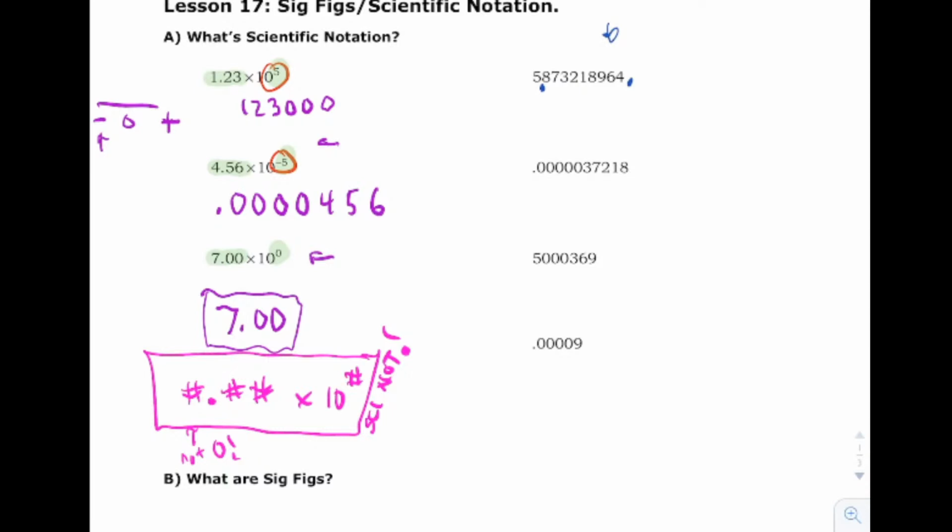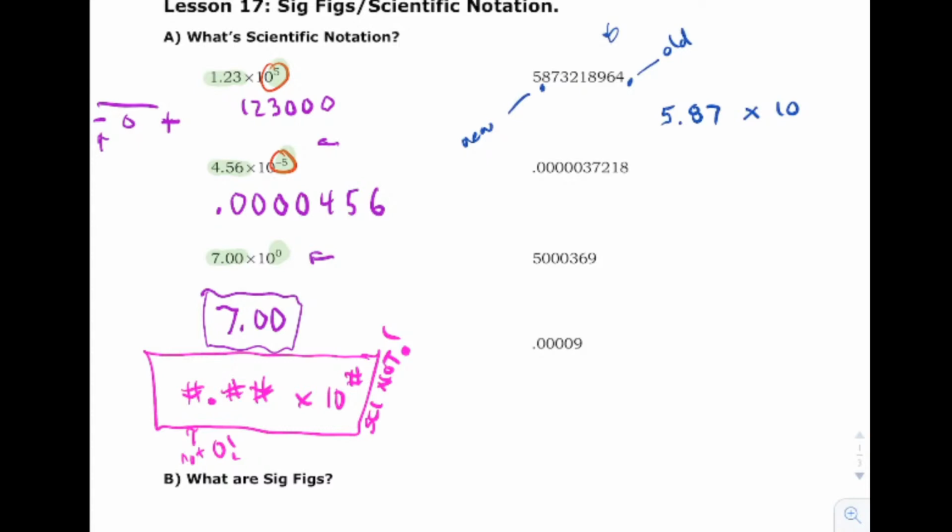Okay, that's where we want it. So that's the old decimal. This will be the new decimal. Obviously you cannot simply put the decimal there because 5.87 is not the same number as 587321896 and so on. So you have to sort of give instructions to fix it.